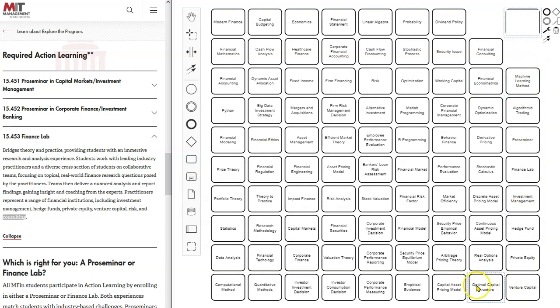How many do we have here? We have 2, 4, 6, 8, 9. 2, 4, 6, 8, 10. So we have 90 minus 3, so that's 87. So that's 87 Master of Finance concepts at the MIT Sloan School of Management.